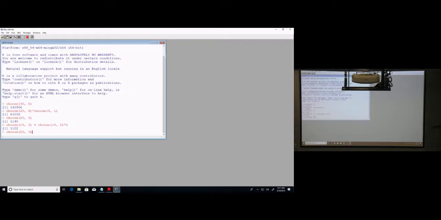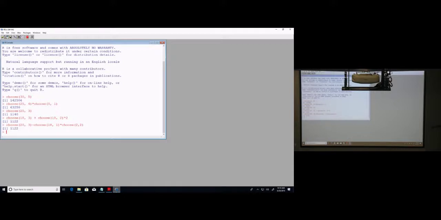So this is counting all possible committees. But all these committees can be classified into 2. One is the impossible committees, those where Peter and Paul are chosen. So when you insist Peter and Paul are chosen, that means of the other 18 guys, I can choose only 1. And of course, the 2 here refers to Peter and Paul, and I have to choose 2. All right? So I get back the same answer. That is how your lecture notes proceed.